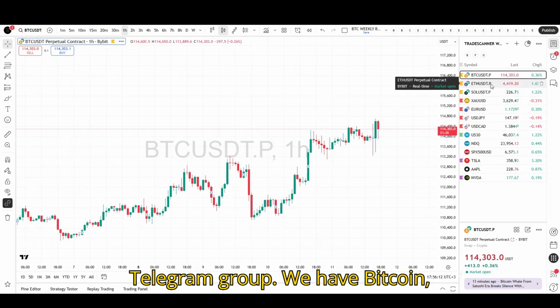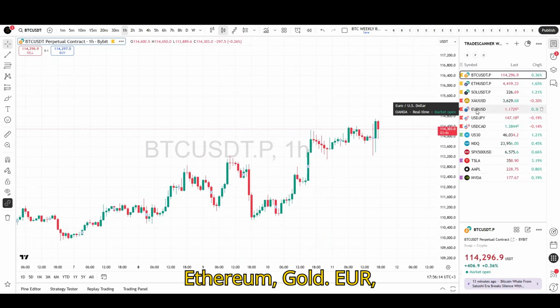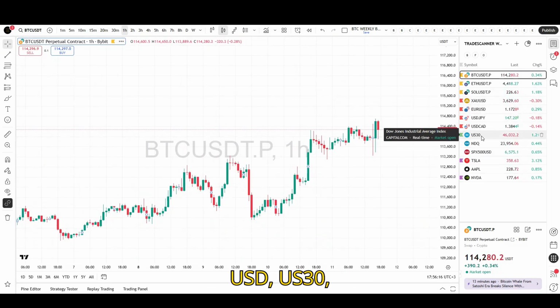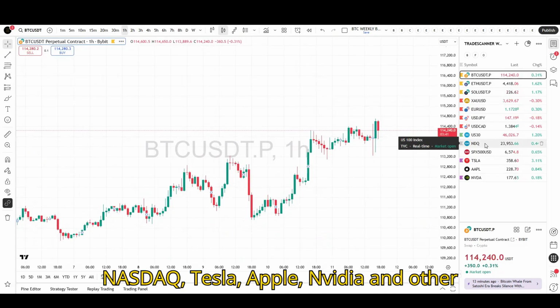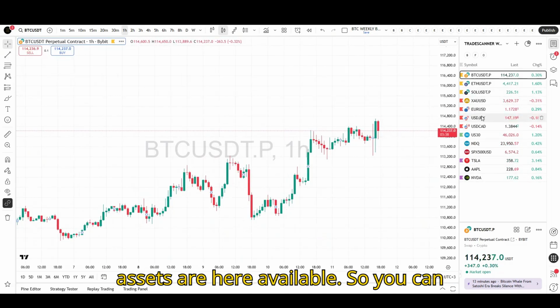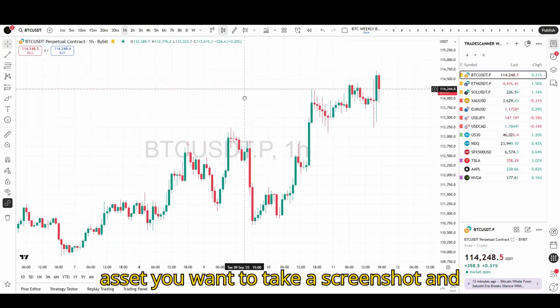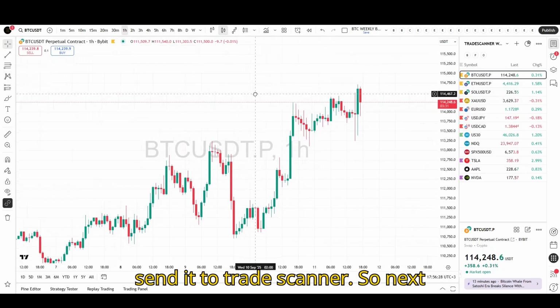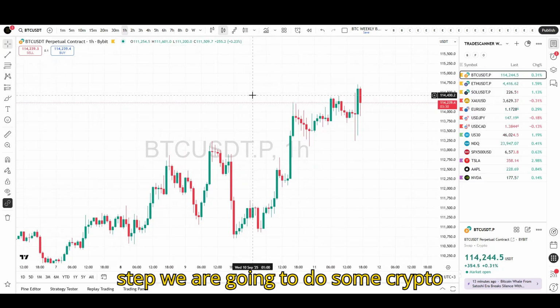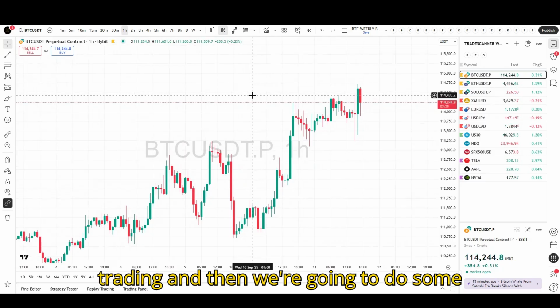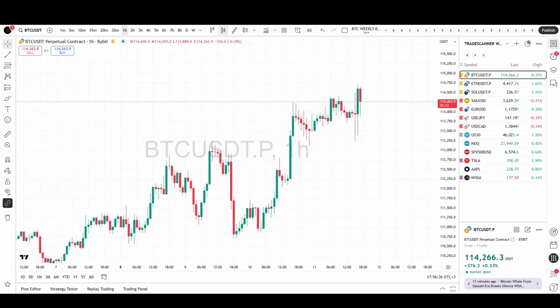We have Bitcoin, Ethereum, gold, Euro USD, US30, Nasdaq, Tesla, Apple, Nvidia, and other assets available. So you can just click and choose which asset you want to take a screenshot of and send it to Trade Scanner. So next step, we are going to do some crypto trading, and then we're going to do some gold trading.